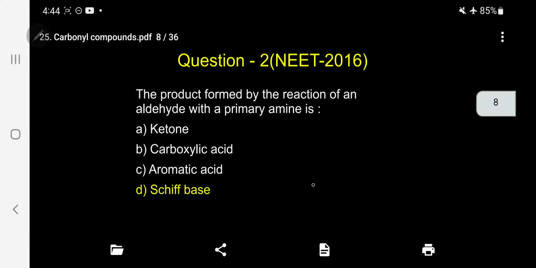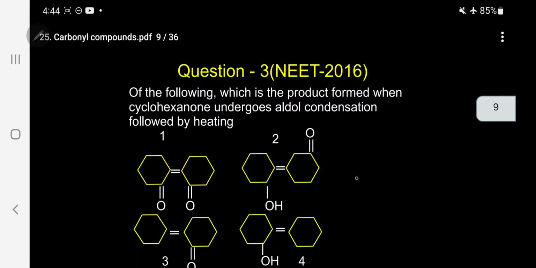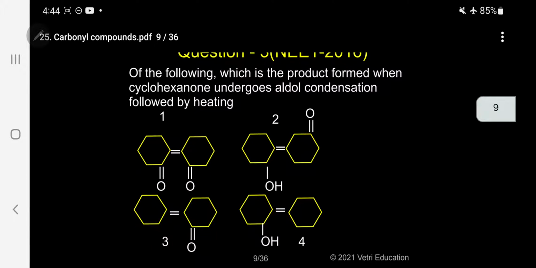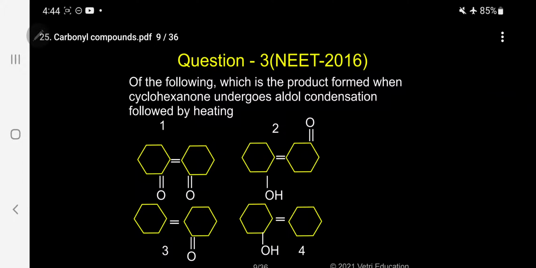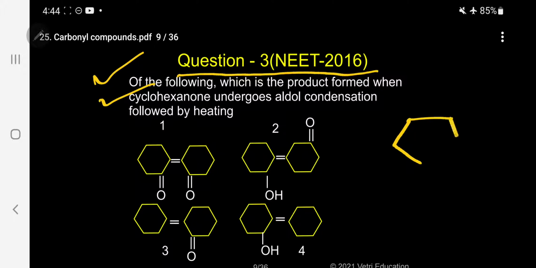Next question. This is another interesting question. Question number 3, asked in NEET 2016 again. Of the following, which is the product formed when cyclohexanone undergoes aldol condensation followed by heating?